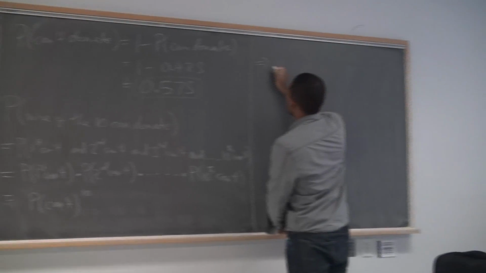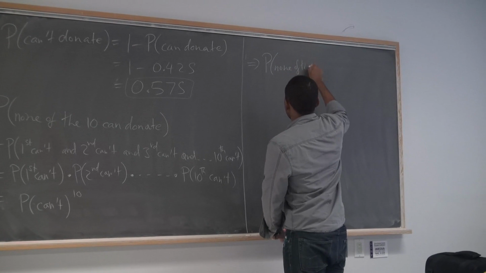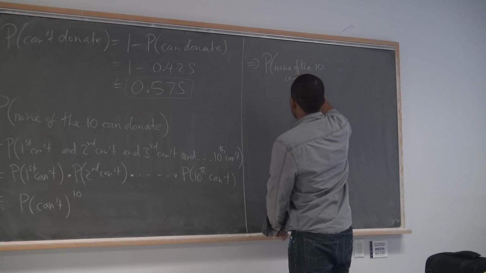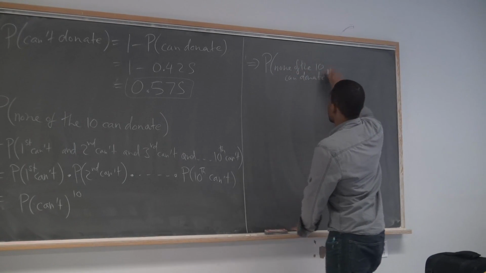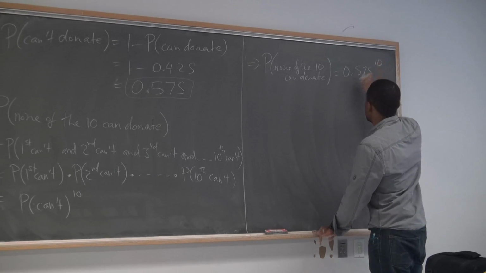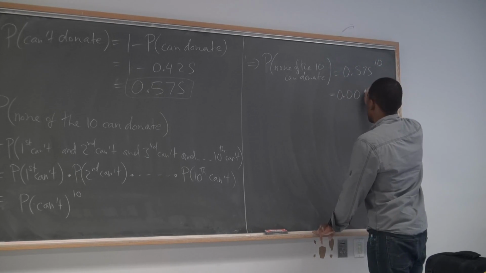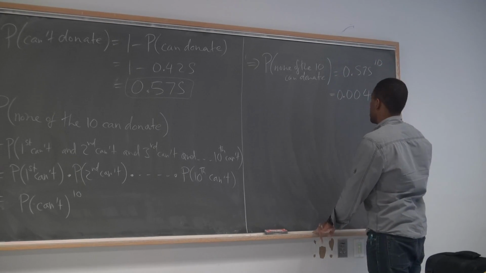So the probability that none of the 10 can donate is going to be 0.575 raised to the 10th power, which is approximately 0.004. I rounded.